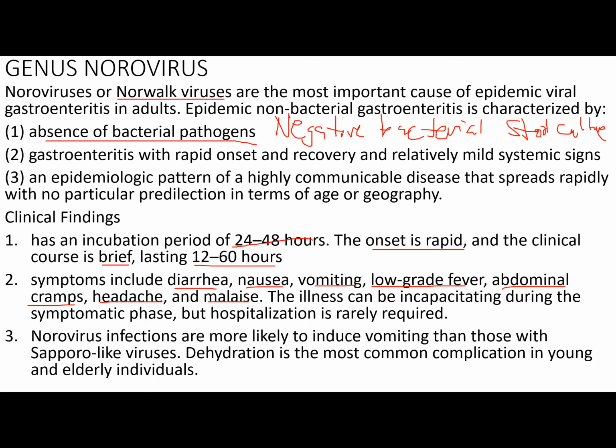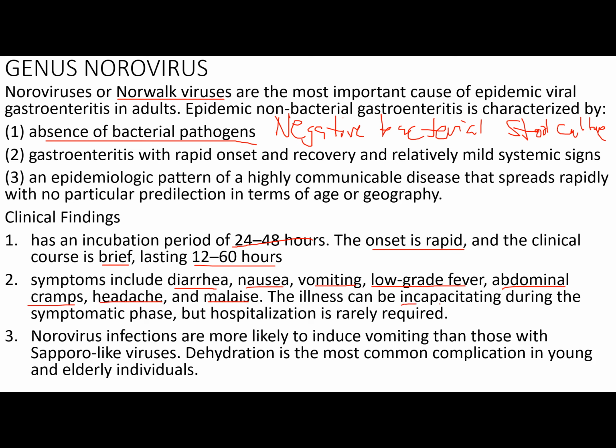The illness can be incapacitating during the symptomatic phase, but hospitalization is rarely required. Norovirus infections are more likely to induce vomiting than those with Sapporo-like viruses. Dehydration is the most common complication in young and elderly individuals.